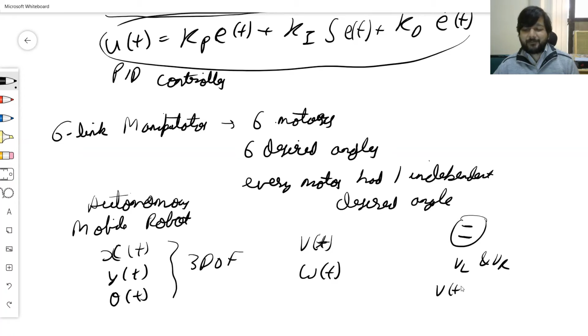And you know that, of course, linear speed is V left plus V right divided by 2, and omega is equal to V right minus V left.